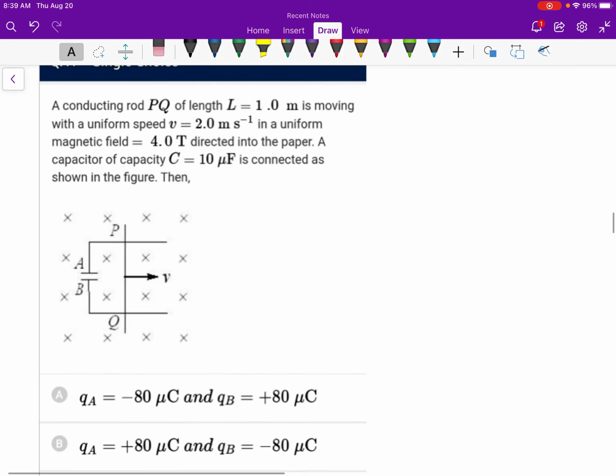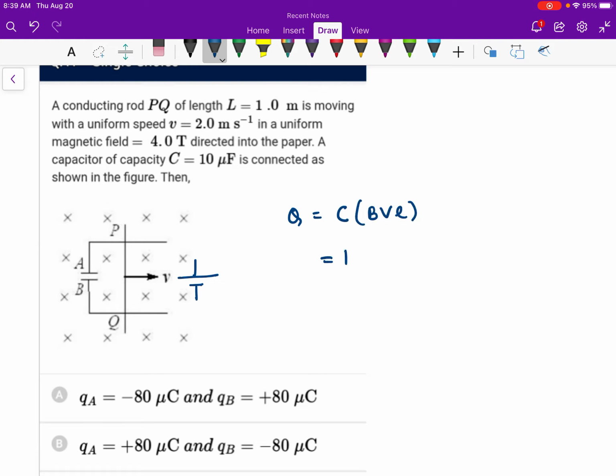So capacitor of this. So we know that the battery polarity will be BVL. So according to V cross B, upper side is positive and lower side is negative. So A is positive and B is negative. And charge will be C into BVL.